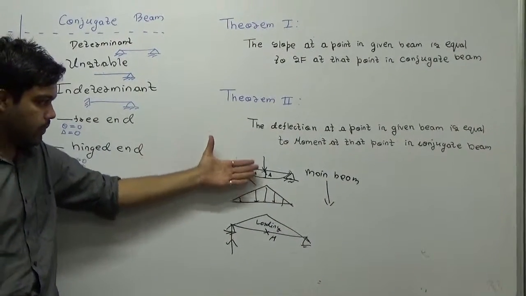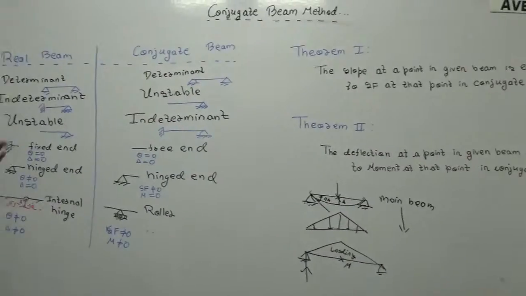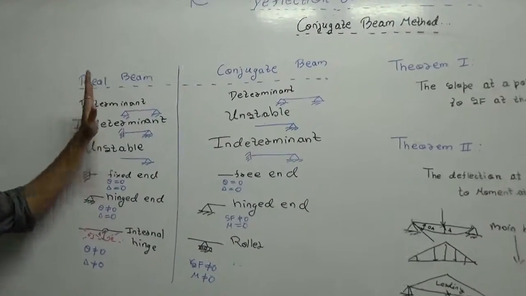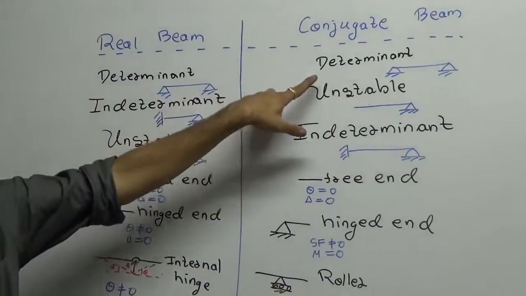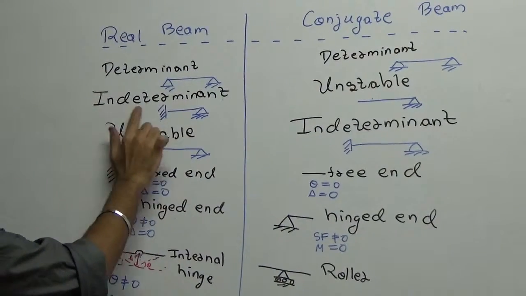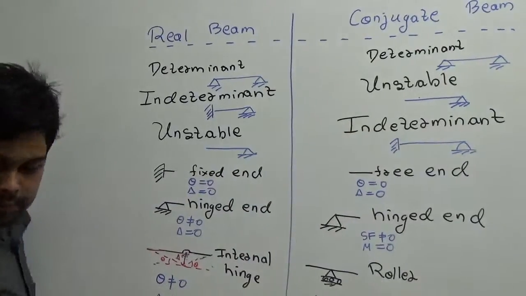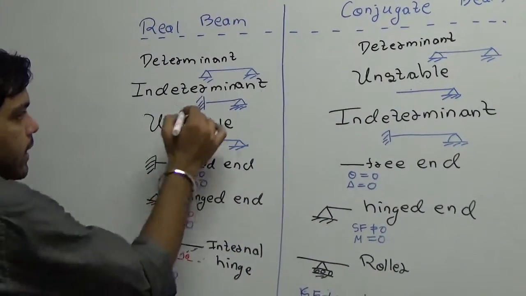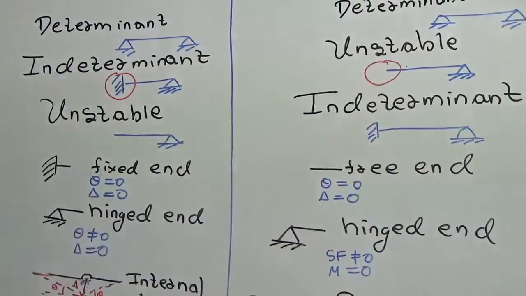Now to have a clear picture of what a conjugate beam actually is, you will see here there are two beams, a real beam and a conjugate beam. A determinate beam will always have a determinate conjugate beam. Second point: an indeterminate beam will be unstable in case of the conjugate beam. Why? Because the fixed end in the main beam becomes a free end in the conjugate beam.